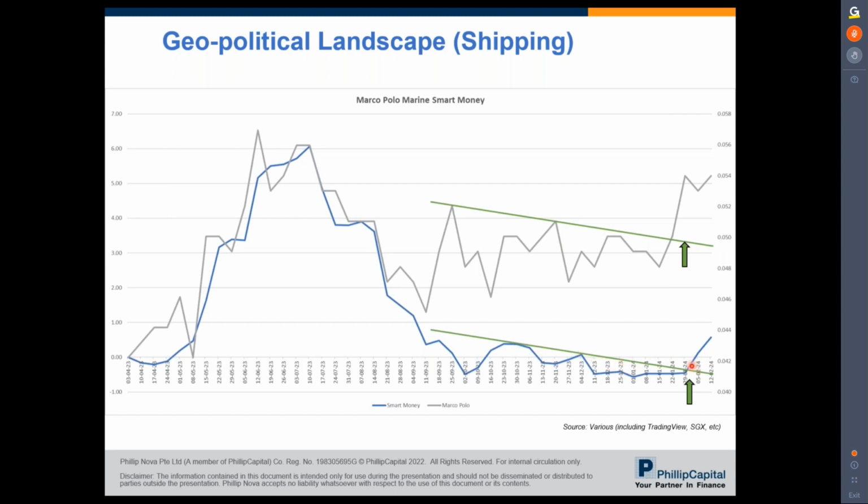As I mentioned, how we use smart money is by trend lines. So the green line is a trend line drawn on the resistance points of the smart money, the blue color smart money chart. And then if you drew it similarly on the price high points of Marco Polo, you will also find a similar trend line, and both are pretty parallel to each other, which is nothing of any significance, right?